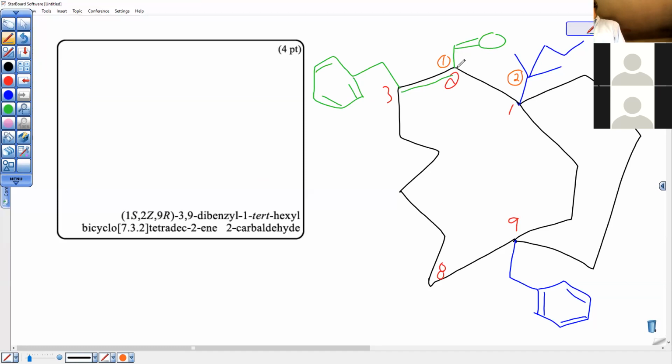Now go to the carbon attached to this that will have the highest priority, C with an O. Any of these C's have as high a priority as that C with the O? And the answer is no. That's why I went 1 and 2. I like group 3 to be the one that hits a branch early, and 4 hits a branch later.